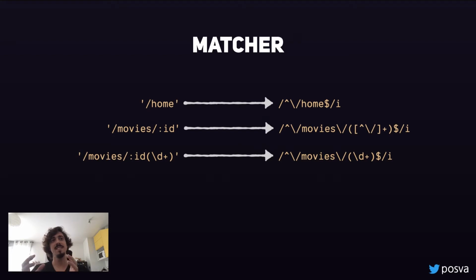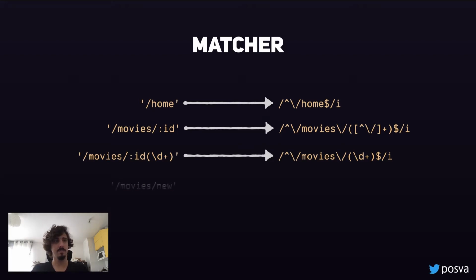You have these parentheses in some places that allow us to capture specific parts of the URL. So for example, you have movies ID, the second one, and then you have a regex that says, I will match anything that is not a slash. And then you have another one with a custom regex that is \d+, which means we want to match any numbers. So we will only match if we have numbers. We won't match if we have anything but a slash.